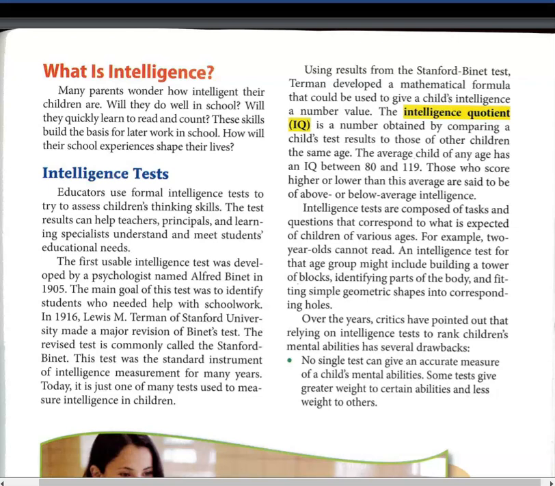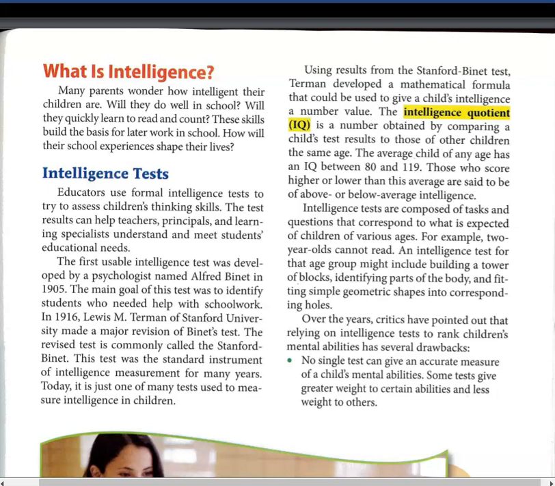It's very common that we then put numbers to these tests, right? I mean, every test you take, there's a grade, right? That's number based. We have taken this Stanford-Binet test and developed a mathematical formula that gives a number value, and this is what we talk about as an IQ, or the intelligence quotient.